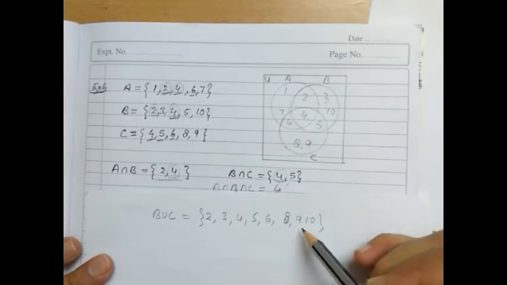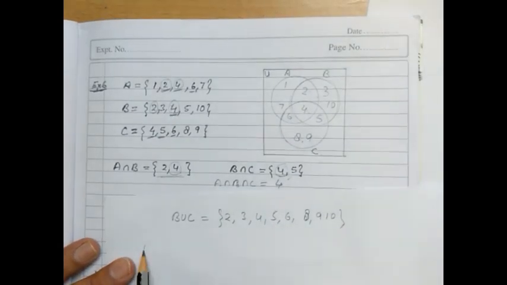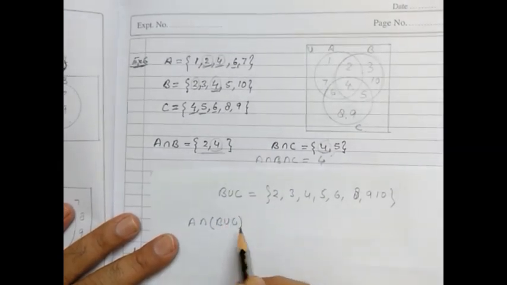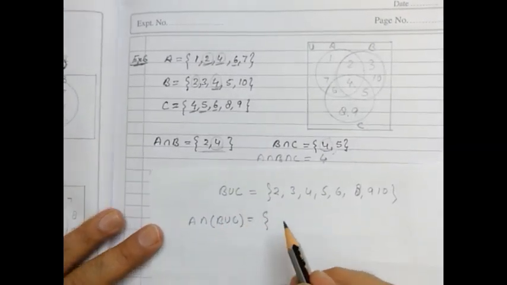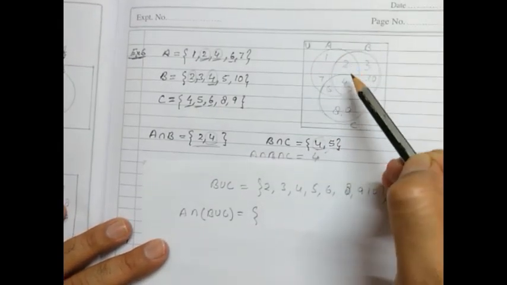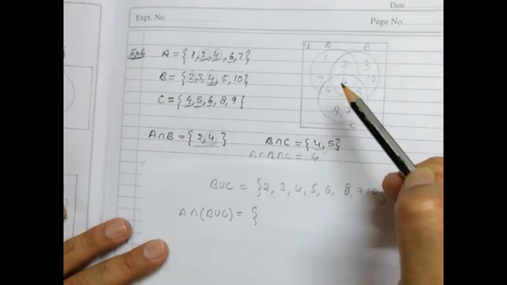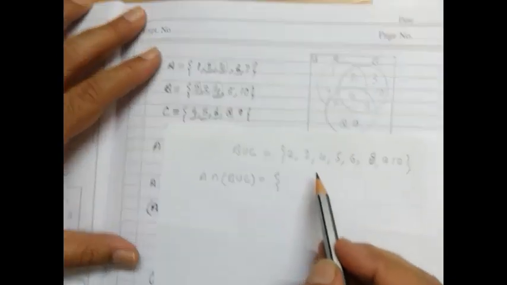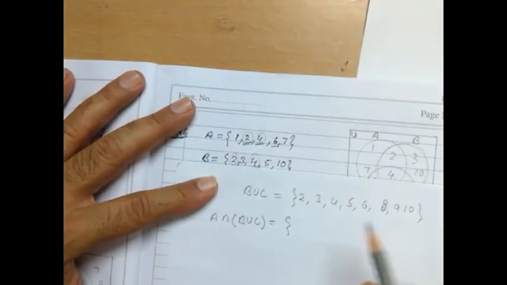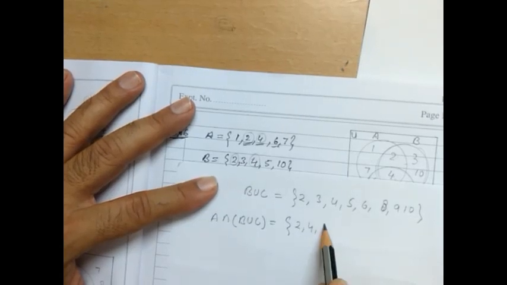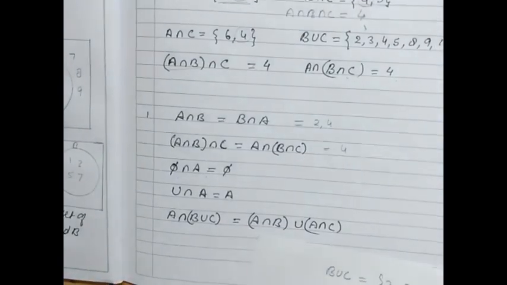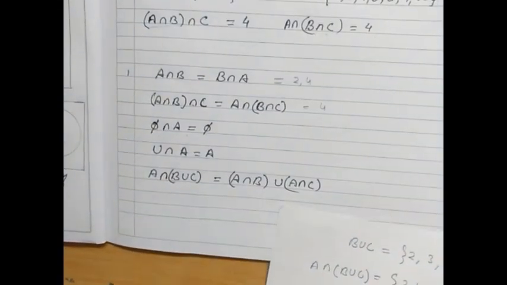So all the elements are written. And when we talk about A intersection B union C, what will we get? Here in A we are having 1, 2, 4, 6, 7. With this, if we compare it, we are having 2, 4, 6. So 2, 4, 6 is common. Now further it says A intersection B union A intersection C.